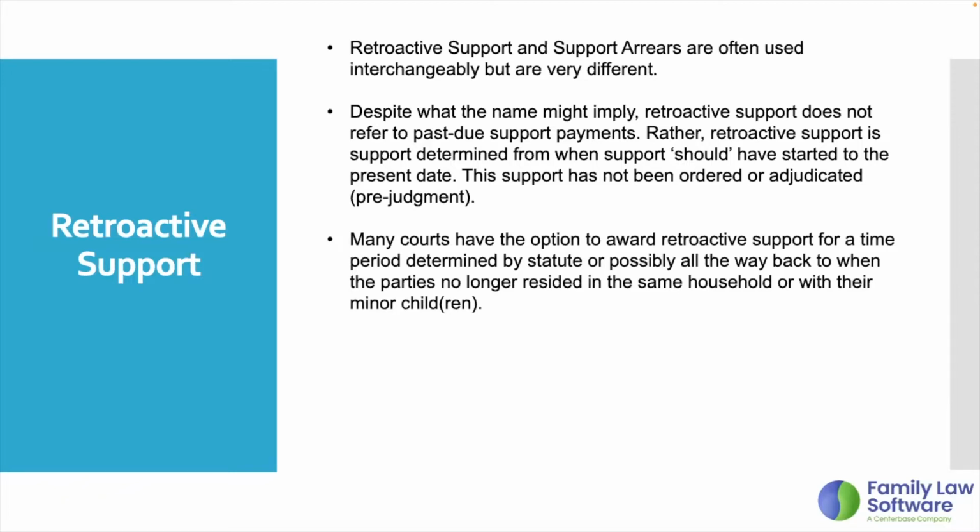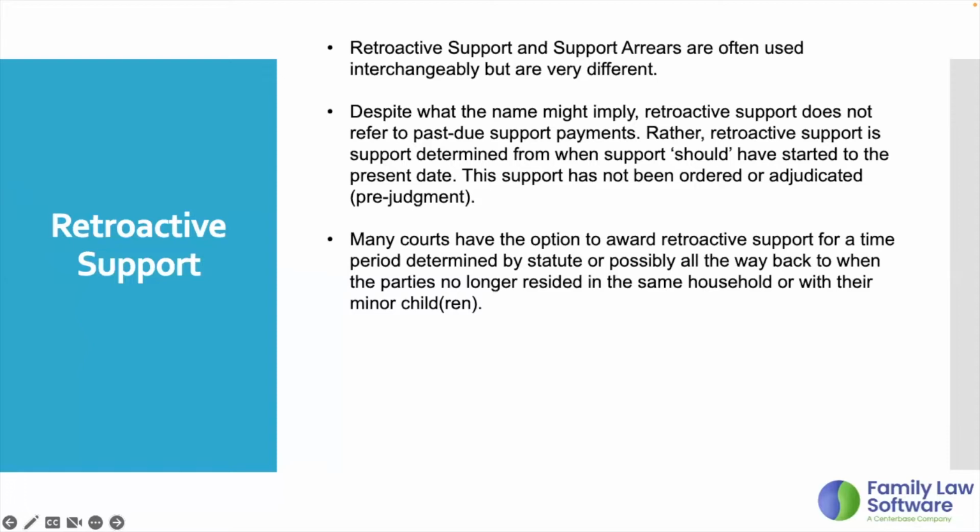And so this is a national presentation, and so your states may be a little different. So I'm just going to refer to these terms generally and mention a few specifics here and there. But retroactive support, it depends on your state. So your state will most likely have a retroactive support award for a period determined by statute.